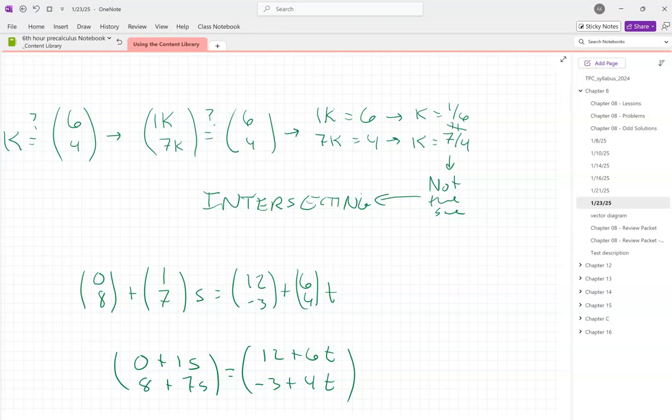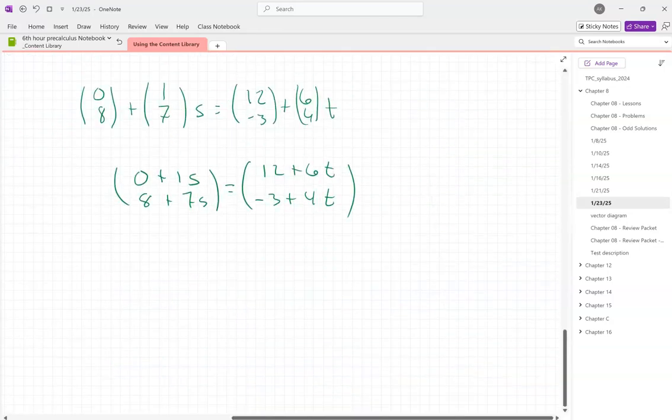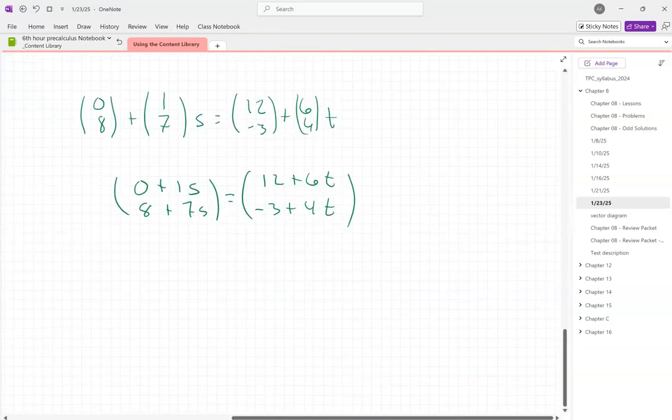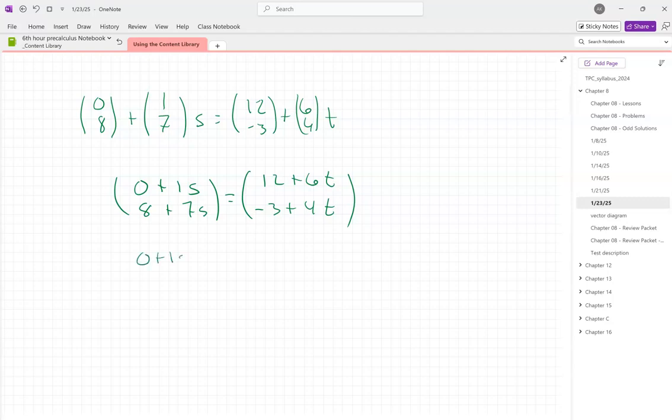Is everybody okay with how I added those vectors together to get that result? Move that up so you guys can see it. Okay. Basically just straight across, right? All right. I know, again, if these two vectors are equal, their components have to be equal.